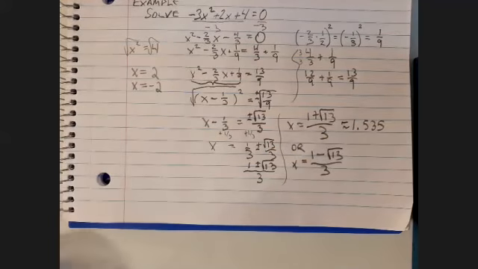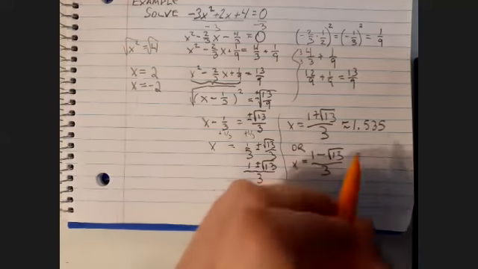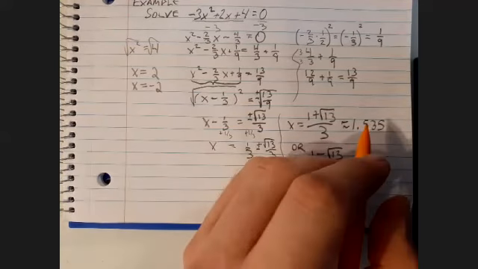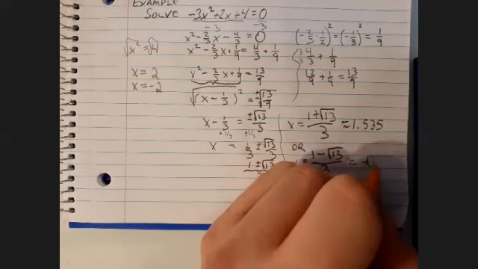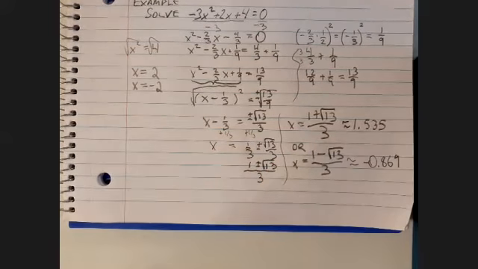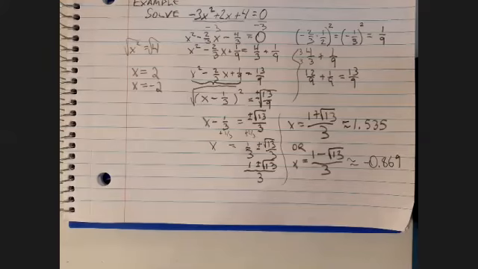And then the other one where we subtract is going to be approximately negative 0.869. All right, so those are our two solutions there.